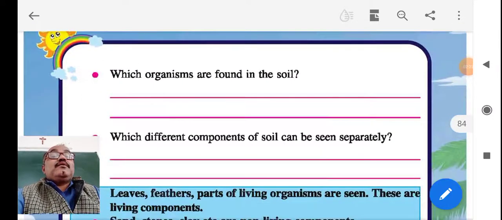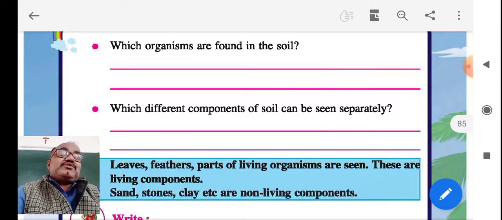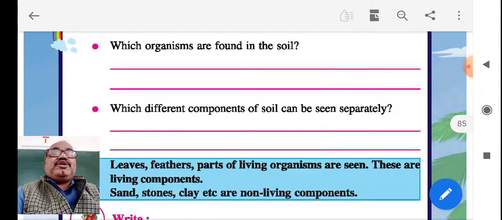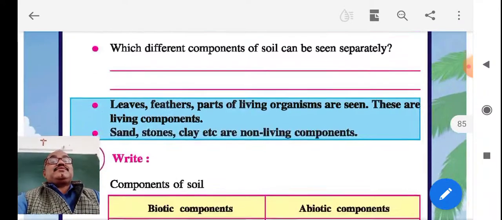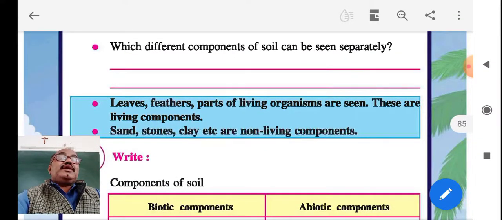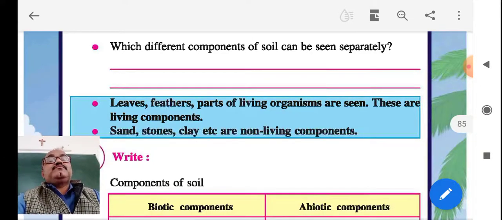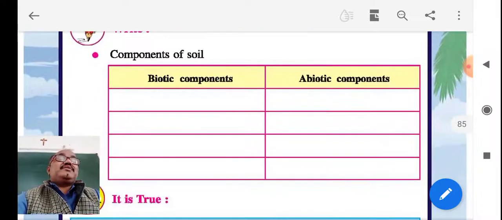Next one, which organisms are found in the soil? Dead bodies, leaves, feathers, waste, small microorganisms, everything is made up of soil, and soil contains all of this. Then there are living components and non-living components like sand, stone, clay, etc. Afterwards we divided these into biotic components and abiotic components.